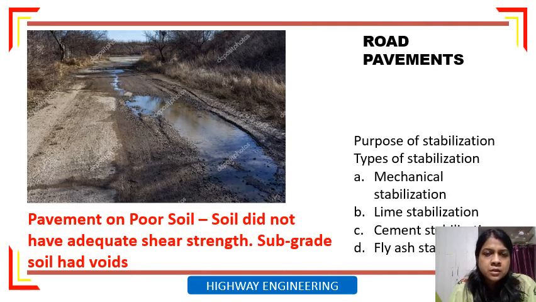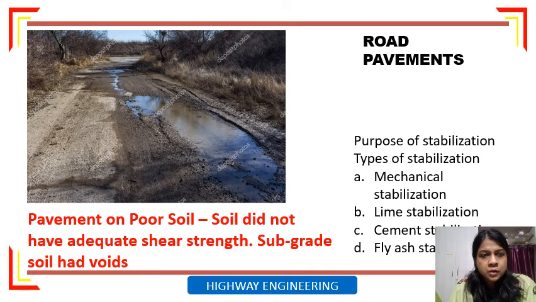So in such a condition we have to make the road stable, and before construction of the road we must prepare the road stable. For this we have to stabilize the road, and various types of stabilization are carried out due to the poor quality of the soil.